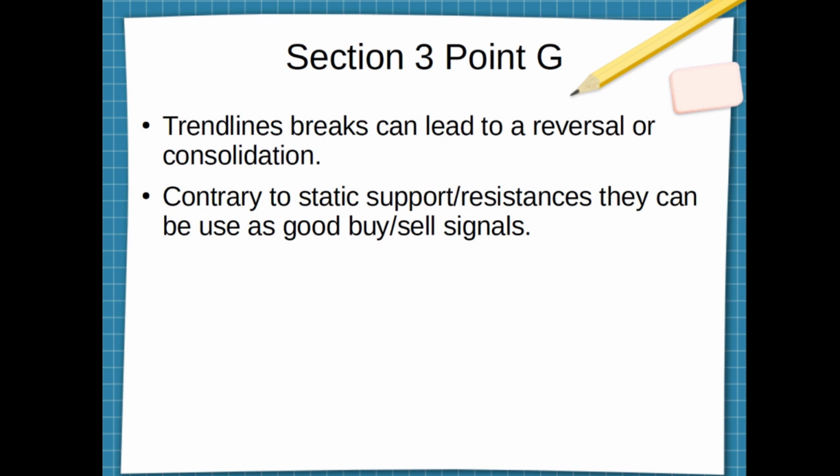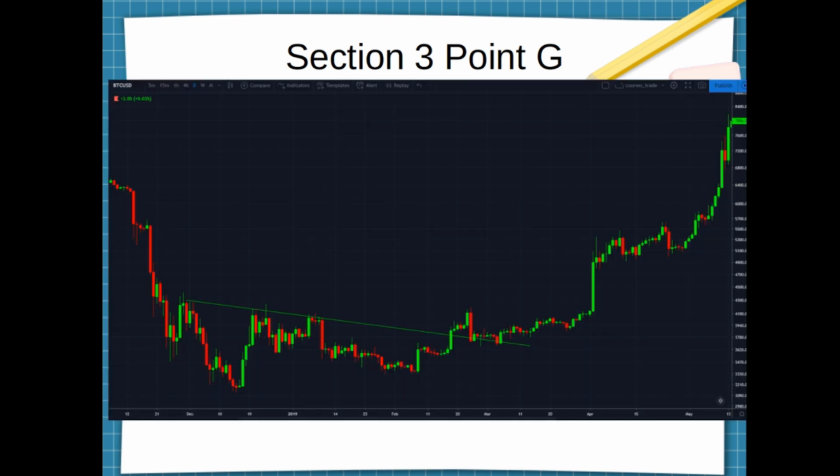Now, like I told you, they can be used as support and resistance. I'm going to give you some examples about how to use them as dynamic support and resistance, and eventually use them as buy and sell signals. Now, that's an example of a trend line. 1, 2, 3, and then it got violated, and then this zone right here could have been considered an extended zone of the trend line. Just like static support and resistance, they share the same principle. When they get violated, they change their role.